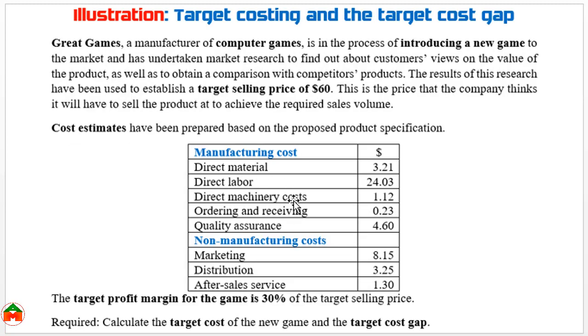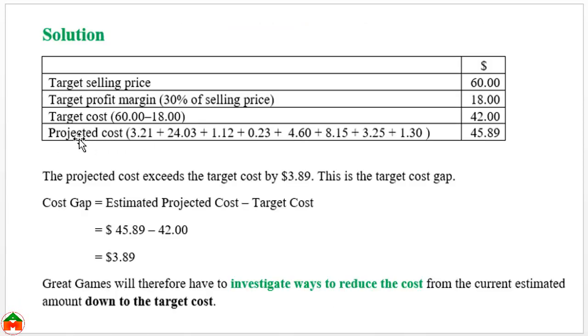But from the estimated cost, we can see the total estimated or projected cost for producing that product is 45.89. This is the estimated projected cost, but it is higher than the target cost. What is the amount? The projected cost exceeds the target cost by 3.89.